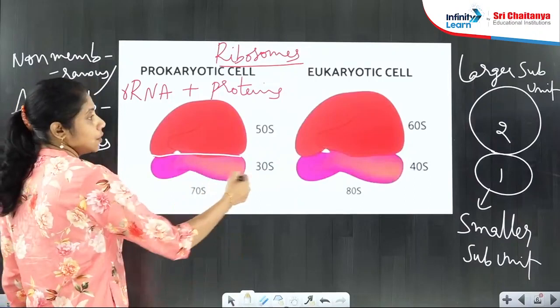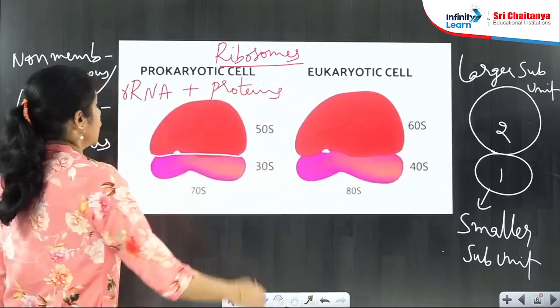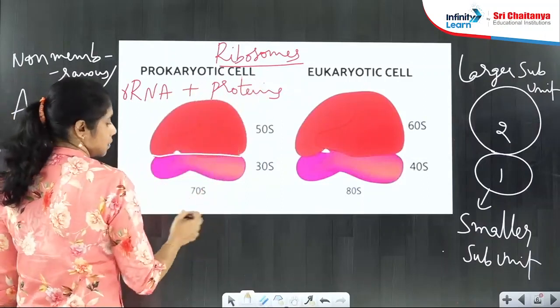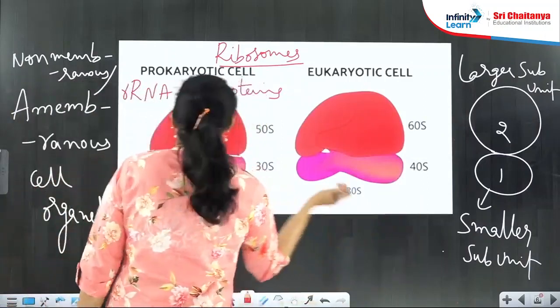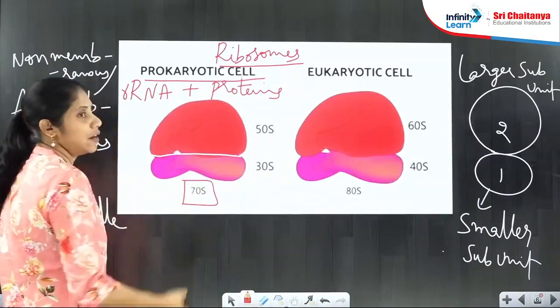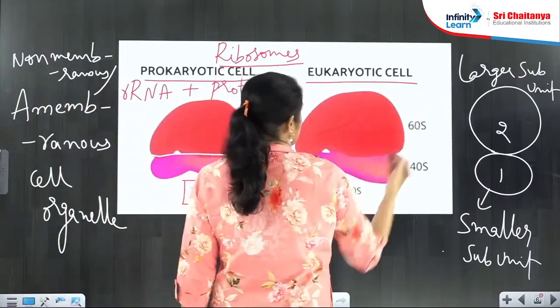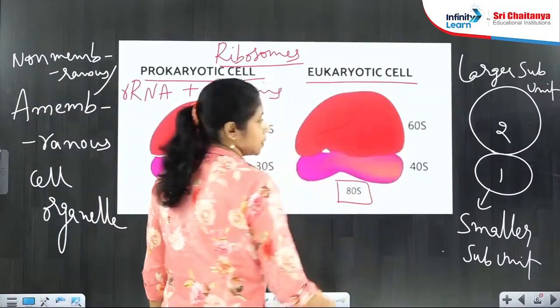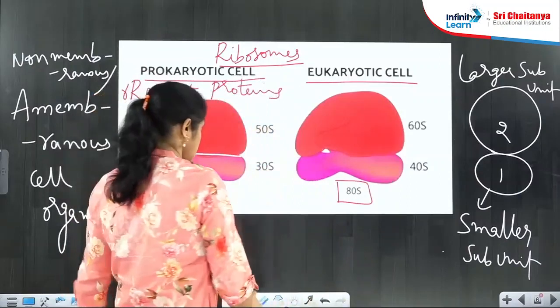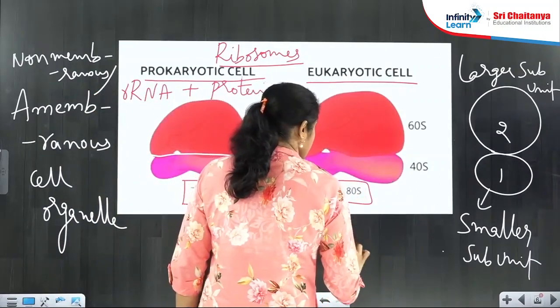In prokaryotic cells, which type of ribosomes are present? 70S ribosomes are present. Whereas in eukaryotic cells, 80S ribosomes are present. You can call these 80S ribosomes cytoplasmic ribosomes.